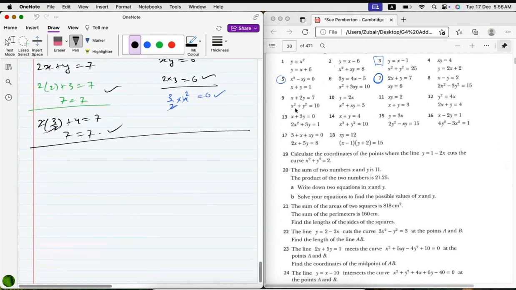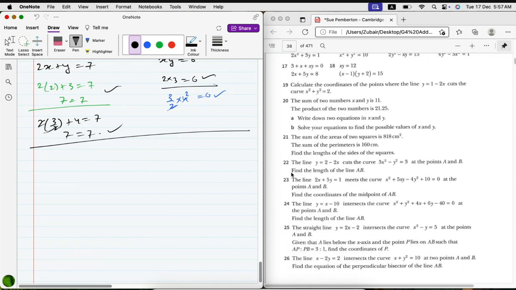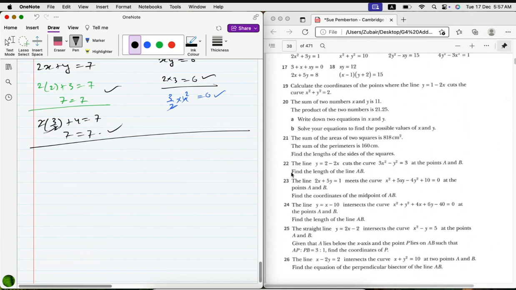Number 8, 9, 10 are mostly similar in nature. Try one of these.